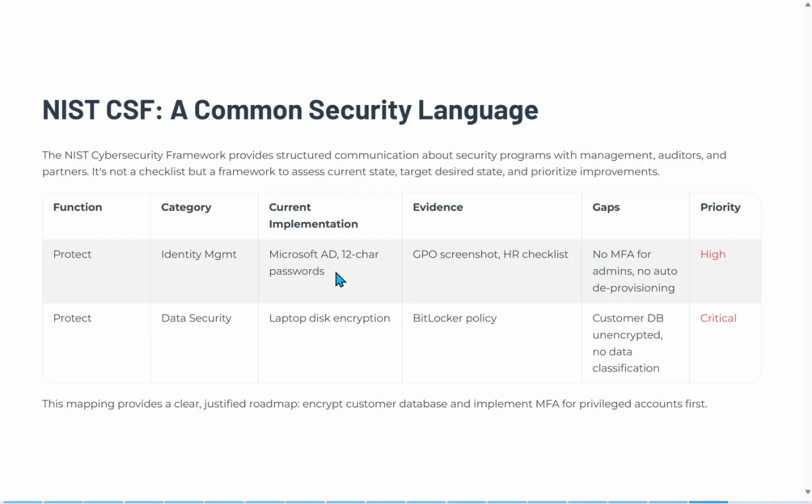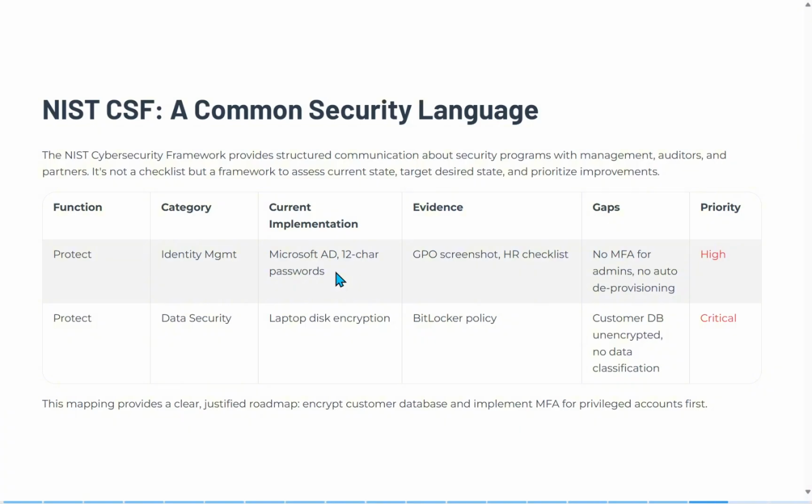The group policy, you screenshot the group policy because I taught you the last time how to enforce group policy for the checklist. The gap this one is having is no multi-factor authentication for admin, no automated provisioning.